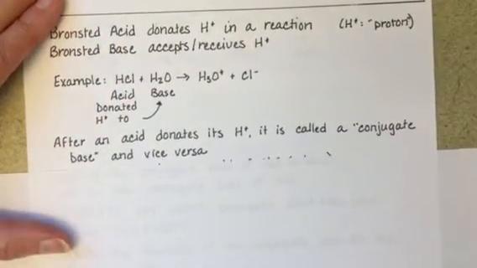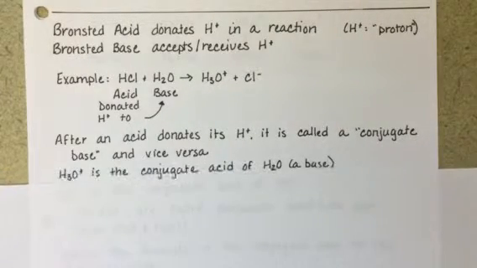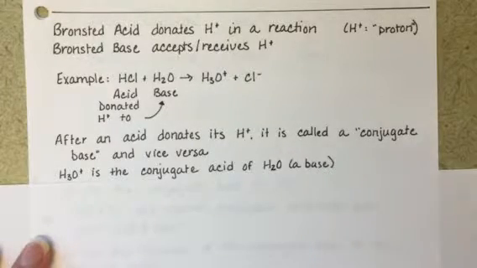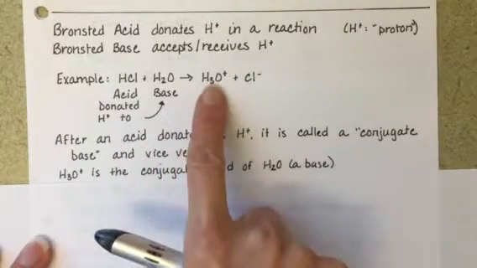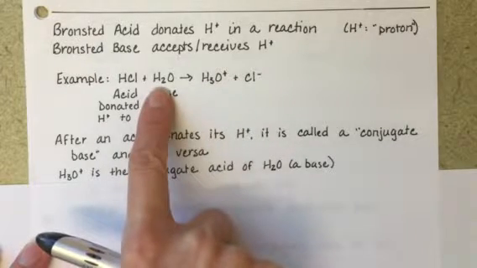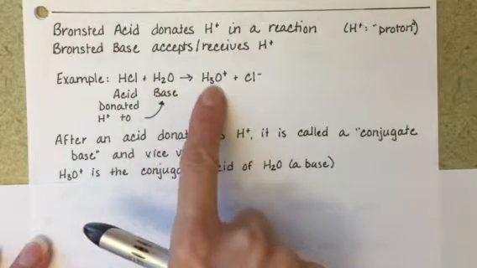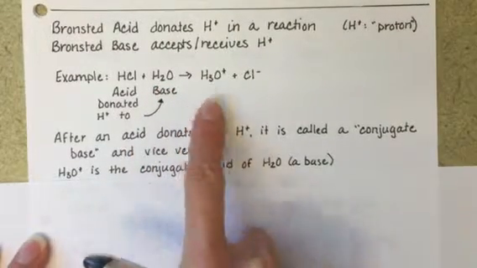After the acid donates its hydrogen ion, we call the substance that it turns into a conjugate base, and vice versa. The base turns into a conjugate acid. So in this reaction that we just looked at, H3O+ is the conjugate acid of H2O. Because H2O was a base, the substance that it turned into is called a conjugate acid.